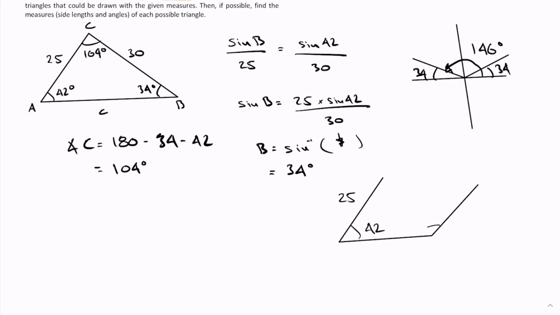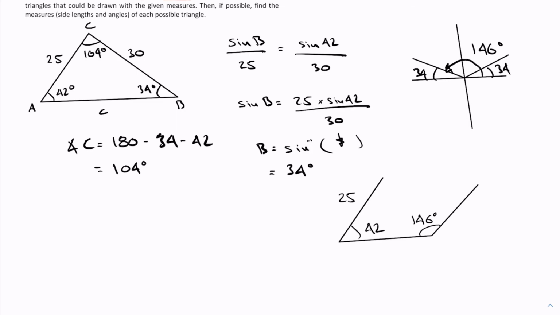With an angle that big, 146, it's almost impossible to close that side. The only way I can make that happen is if I extend this side 25 and thereby lower the 42 in order to connect it. So just from a pictorial point of view, it's not going to work.